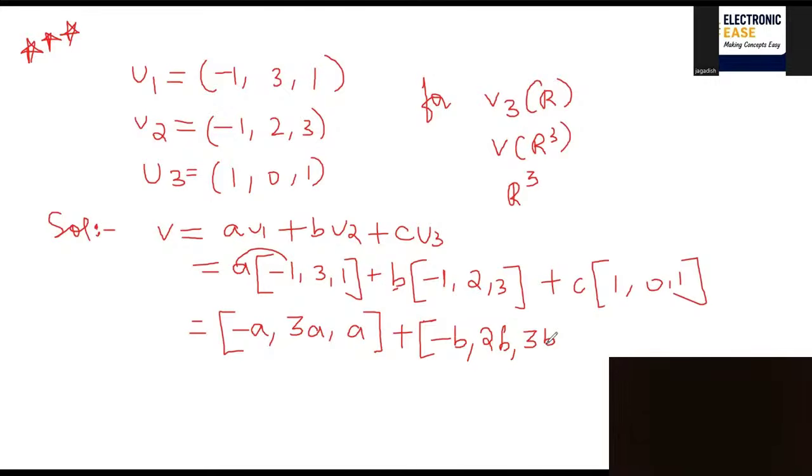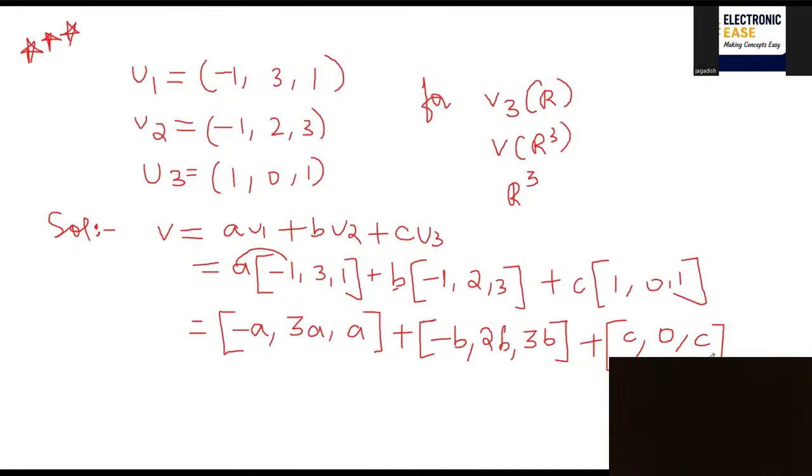Understood? Yes, sir. Now plus C. What is C into 0? It is 0. What is C into 1? C.